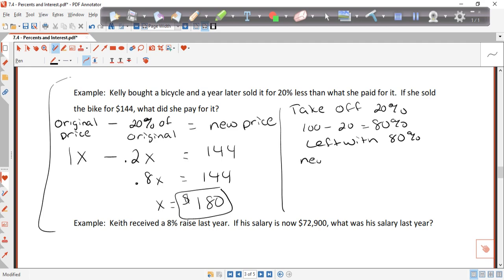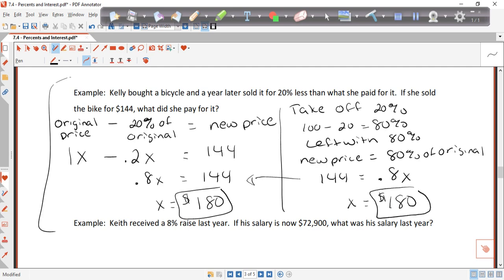So then the new price is 80% of the original. The new price is 144. 0.8 of the original, so of means times. And notice this is the same equation we have here, and so we're still going to get 180. You could do it this way also.